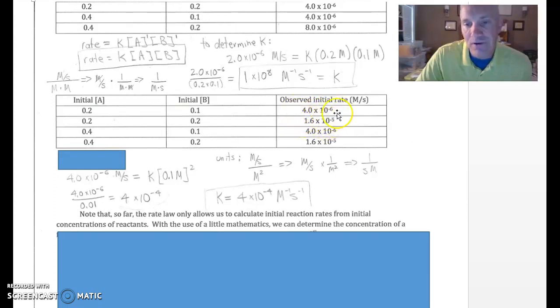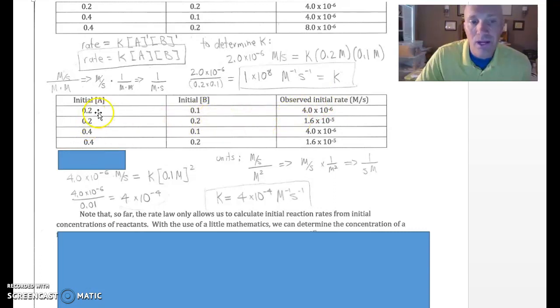If you're not paying attention, it looks like the number actually goes down. But remember, this is times 10 to the minus fifth, and this is to the negative sixth, and so this is actually 4 times greater than this number right here. So that means that it is second order with respect to B, because doubling this quadruples this.